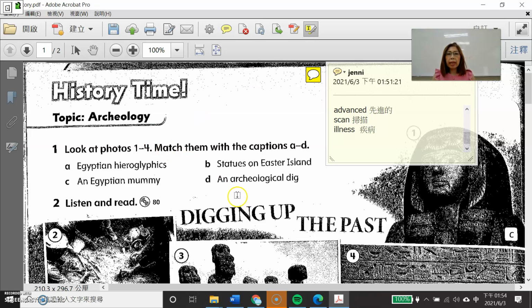Archaeological. So AR 因为它的 CAL 多一个音节，所以我的音节要往后移一个。So archaeological.